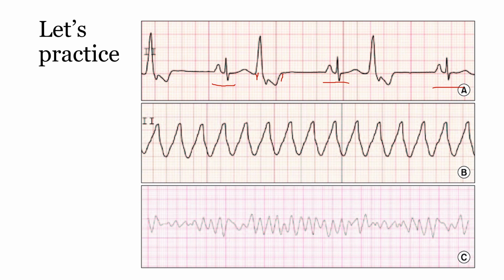What's going on here? So is it regular? Nope. It looks like a whole lot of different things are going on. What's the rate? Well, if I were to count each of these, it's going to be definitely greater than 100, but I can't really tell what's going on here. Is there P waves? No. This is a whole lot of QRS, but it's not normal like it would be in a VTAC.